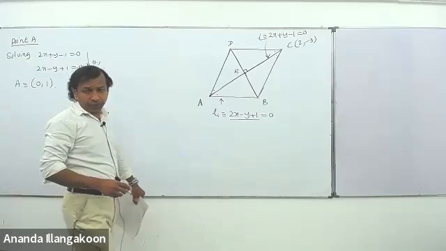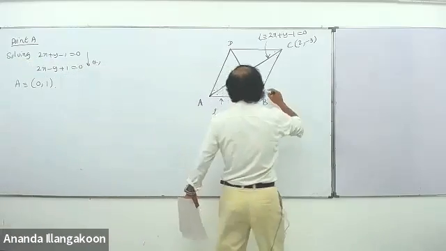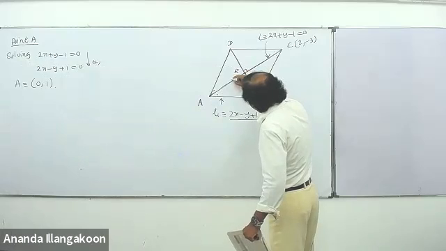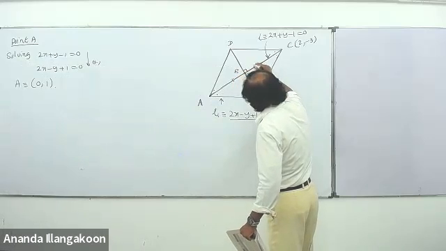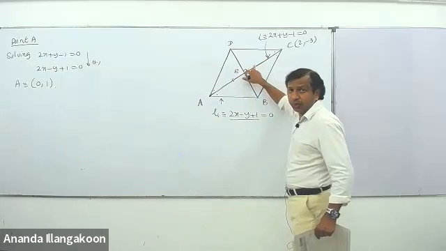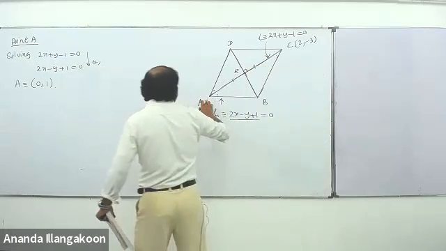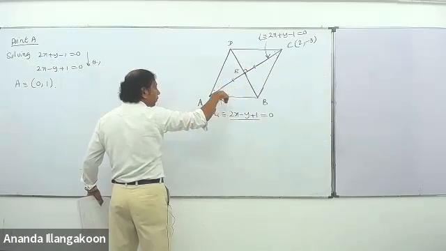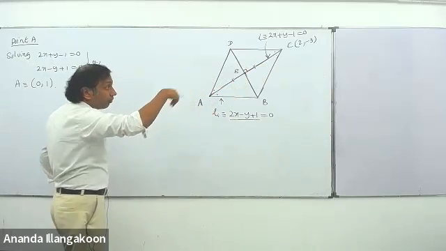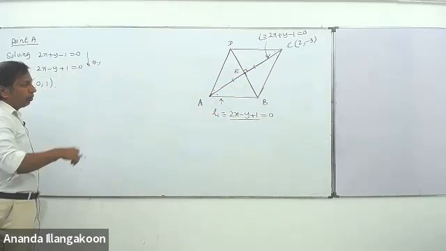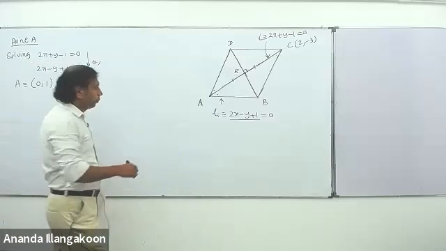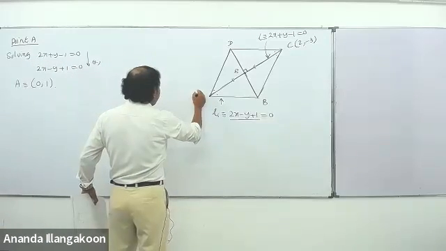Right. You know, when this is a rhombus, the diagonals bisect each other. E is the midpoint. How to write the midpoint coordinates? Add the x coordinates of A and C divided by 2, and the y coordinates of A and C divided by 2. A is (0, 1), no?